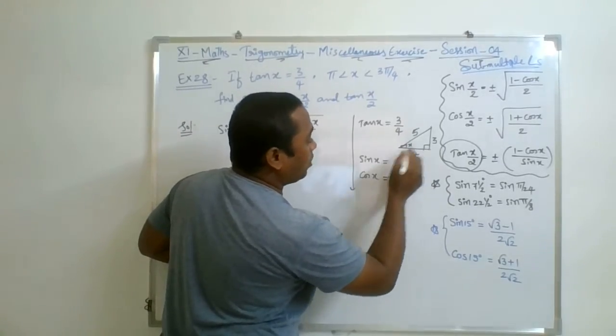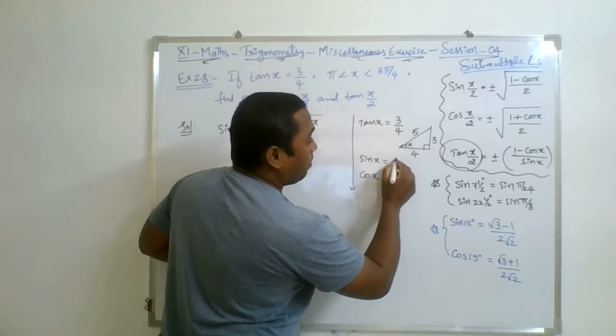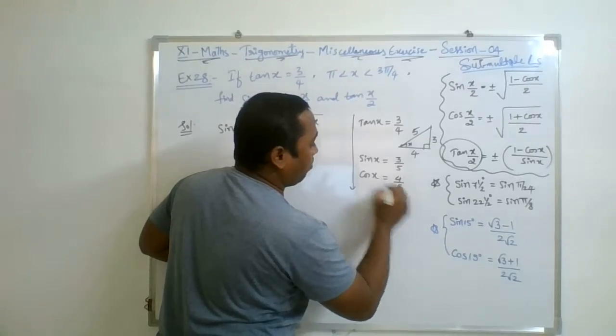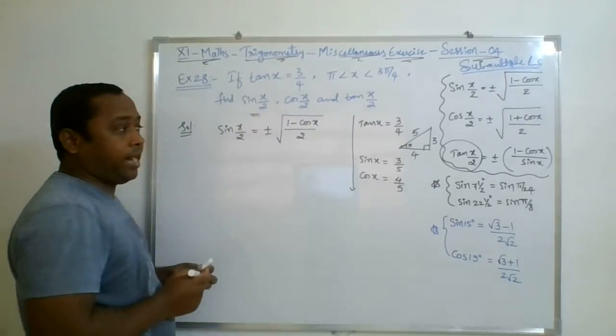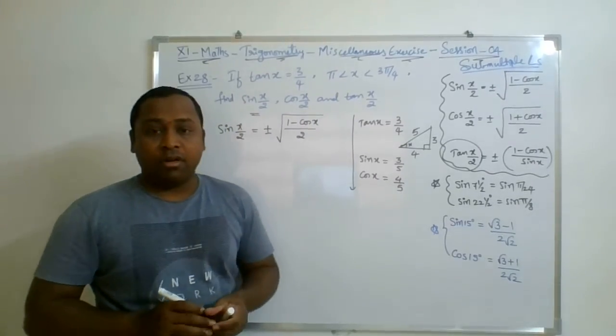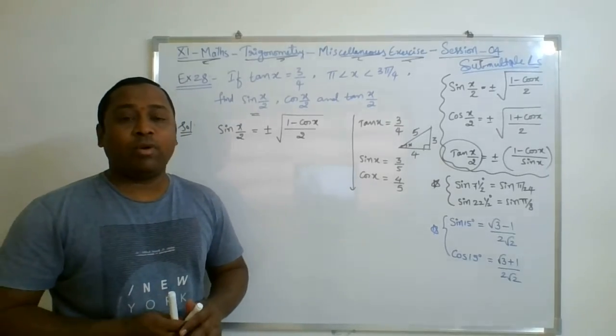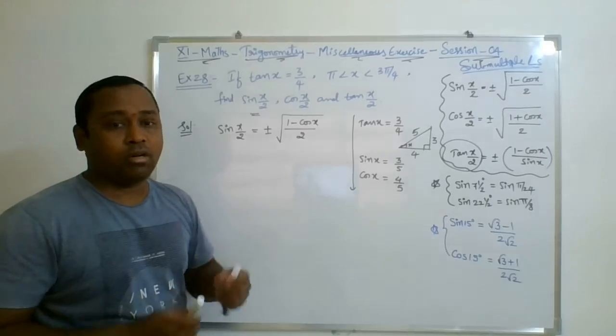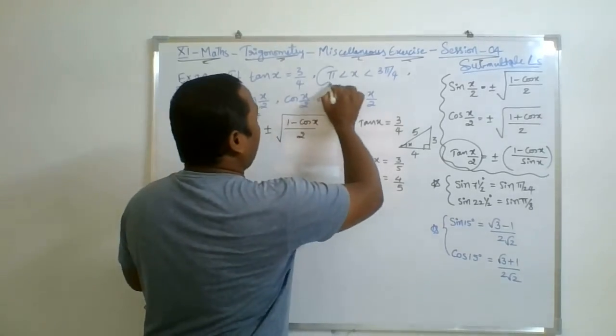Sin x is what? Perpendicular by hypotenuse. Cos x is what? 4 by 5.